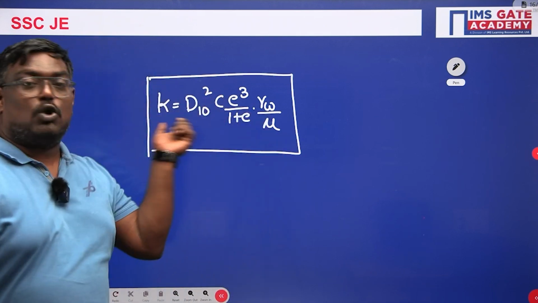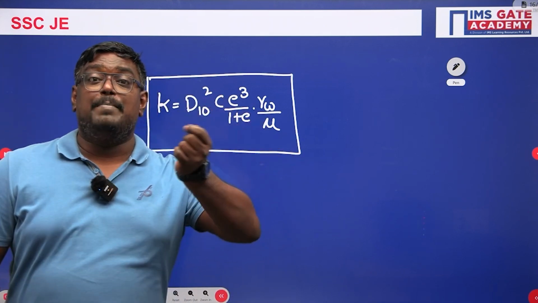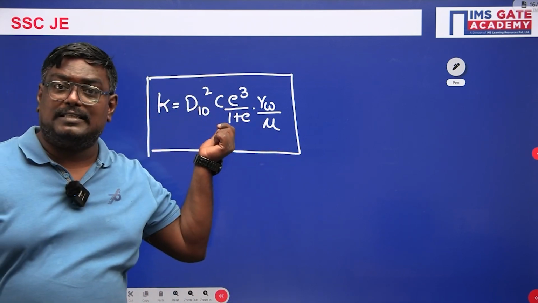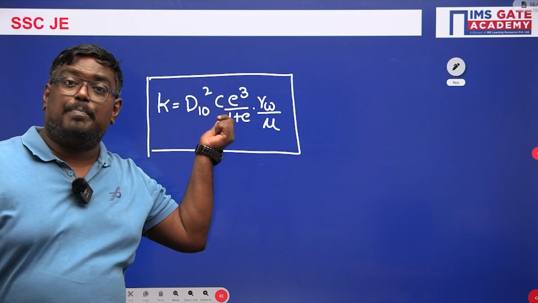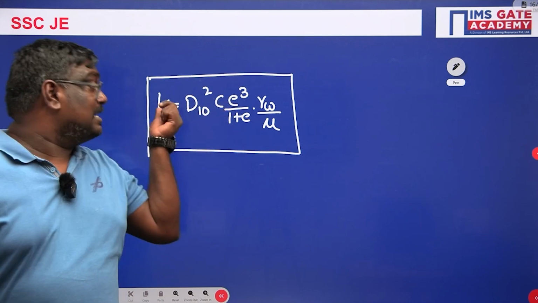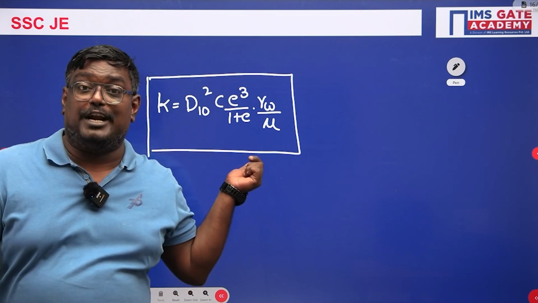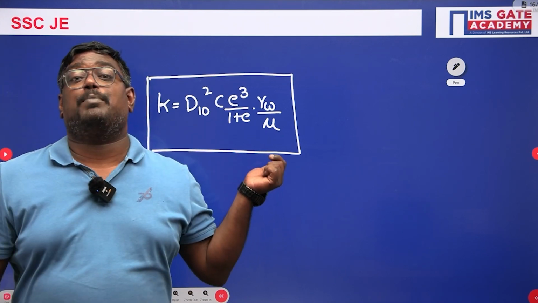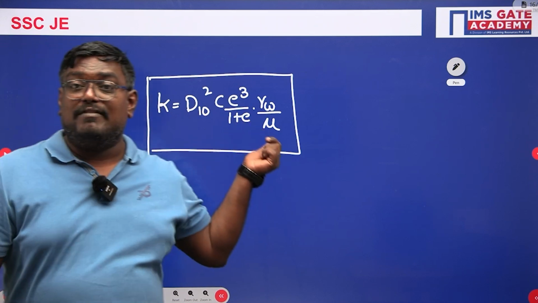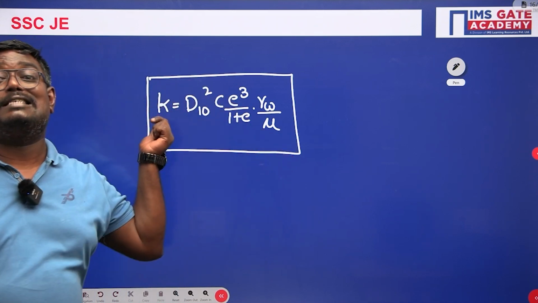So from this question, permeability is directly proportional to the particle size squared. Rounded particles are more permeable when compared to angular particles. Even though the equation says that permeability is directly proportional to void ratio, actually it is inversely proportional to the void ratio. More the viscosity, lesser the permeability.